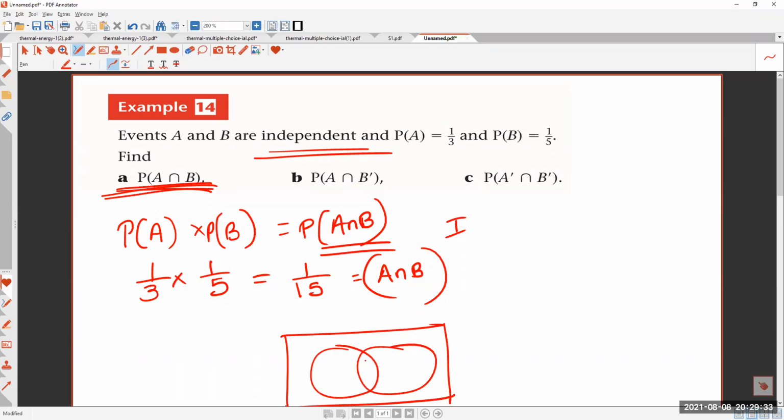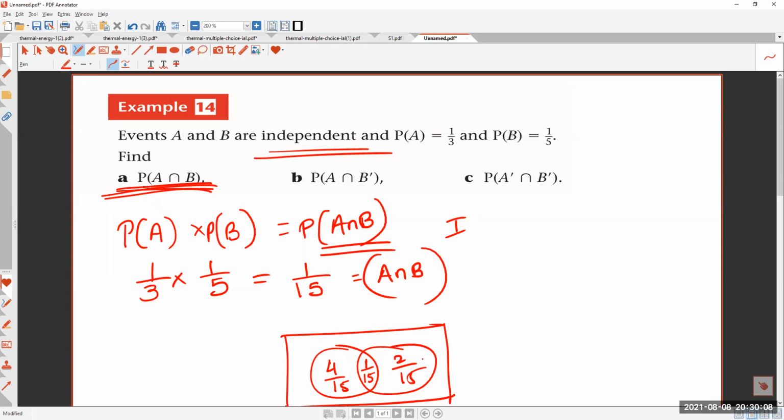How? So A intersection B is 1/15. What will the other parts be? It will be 1/3 minus 1/15, and 1/5 minus 1/15. Okay, so 1/3 minus 1/15 is 4/15. Then 1/5 minus 1/15 is 2/15.